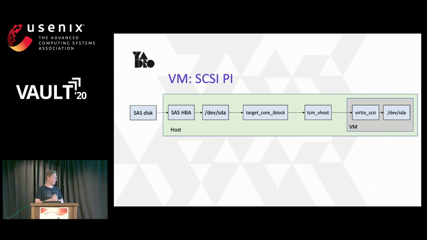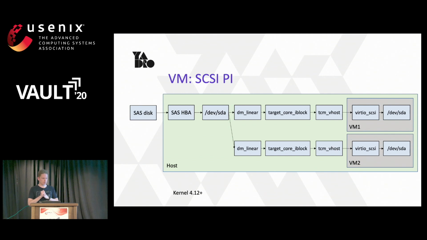At the same time, the only issue here is that target core block can't share the same drive multiple times. So we can't put this target core inside multiple virtual machines. We also can't attach a single vhost to multiple virtual machines, and we need to do something about this.